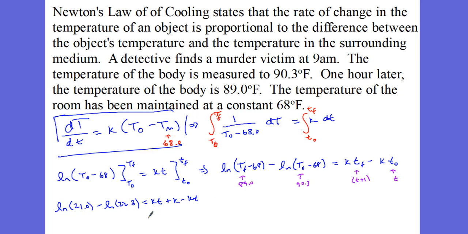So at the end of the day, you can see the kt minus kt cancels out, and this is going to help me solve for what k is. So natural log of 21 minus natural log of 22.3, and that ends up giving me a k value of negative 0.0600642.